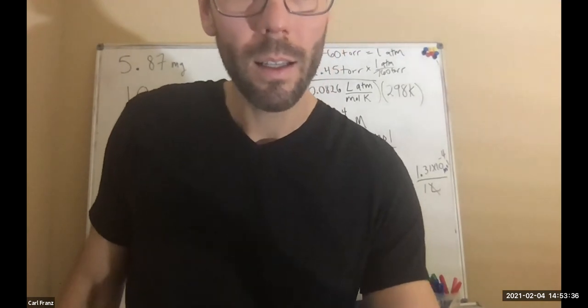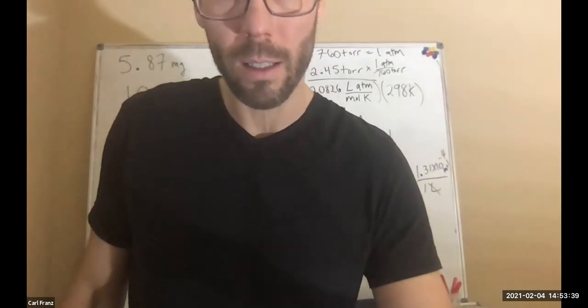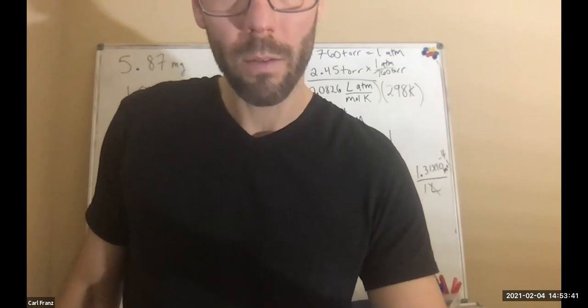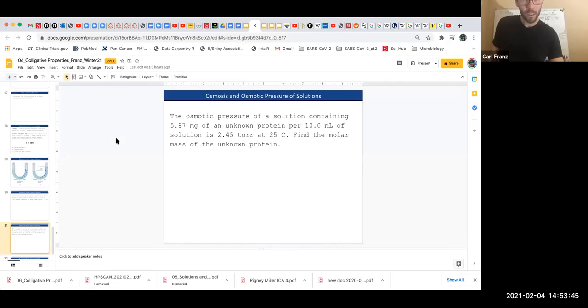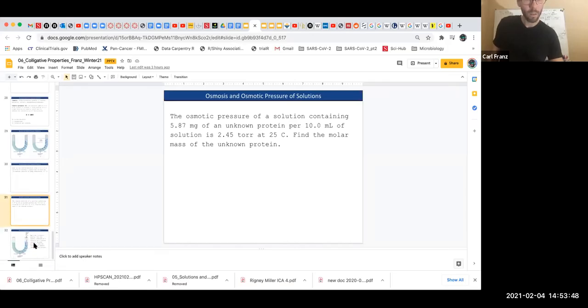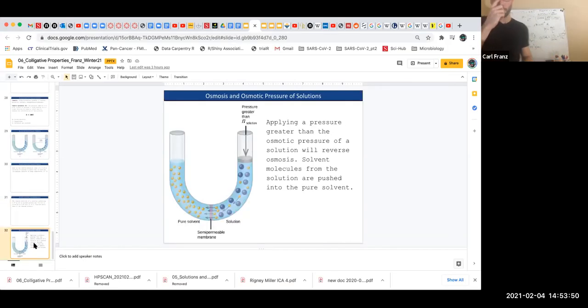I think that's about it, really, guys. I've covered most of what I wanted to. And so briefly I wanted to touch on reverse osmosis, because that's just a way to apply pressure greater than the osmotic pressure of a particular solution to drive that solvent back through that semi-permeable membrane.